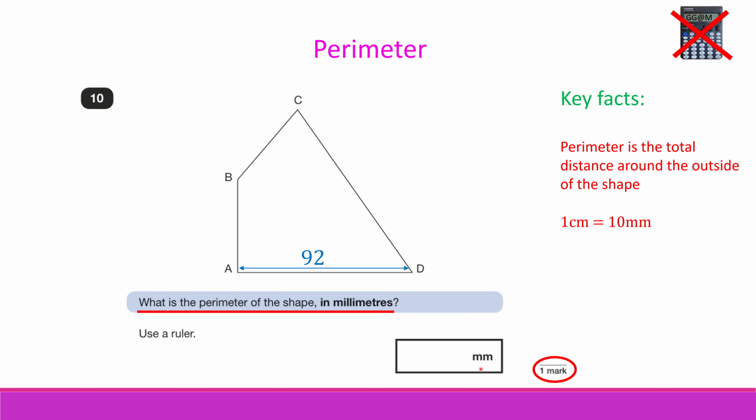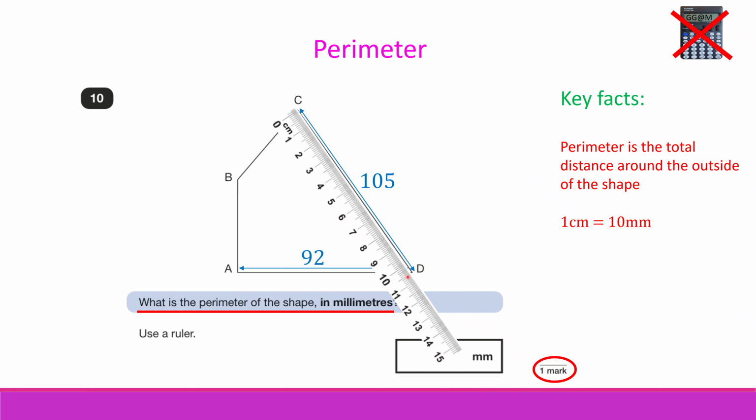The next one we're going to do is put the ruler from here to here. It doesn't matter the order you find the distances in as long as you get all 4 distances. I've got 0 starting at the point C and then D's coming down at this point here, halfway between 10 and 11. So that's 10.5 centimetres, which is going to give me 105 millimetres.